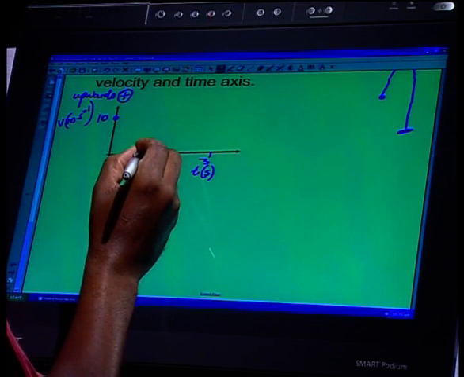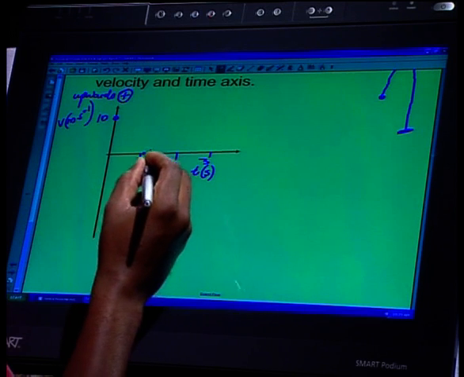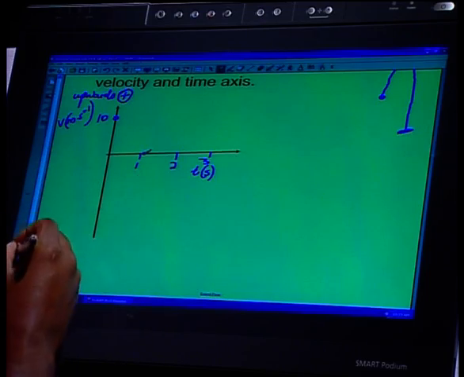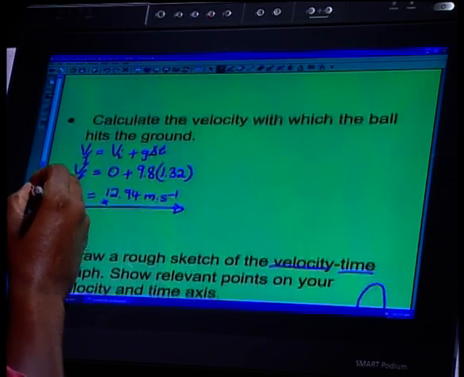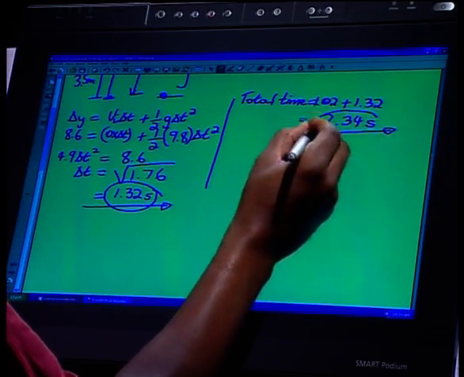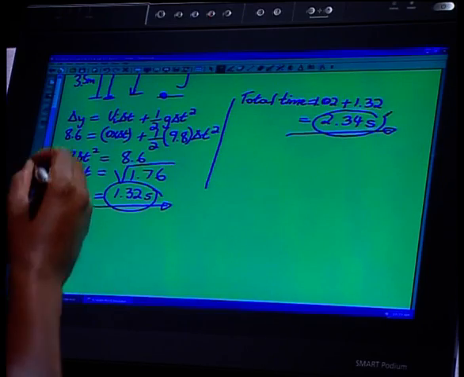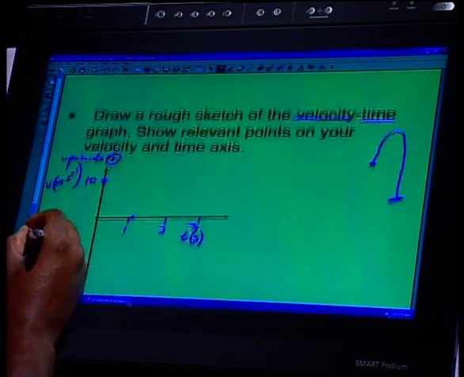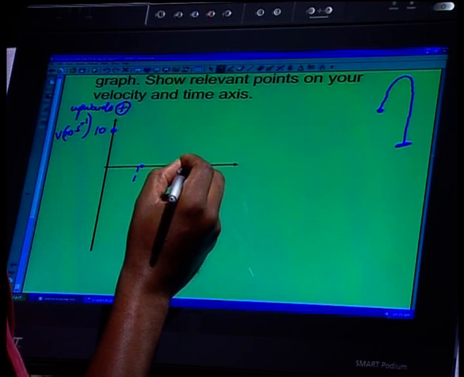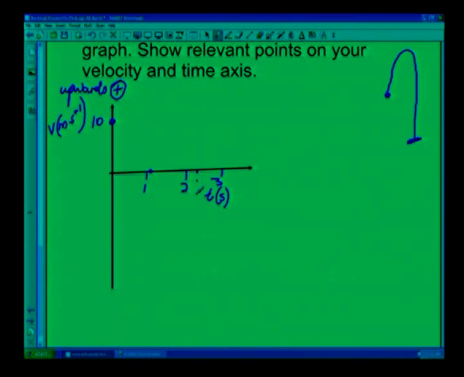So the velocity is 0, so the point is there. At the time, okay, remember this total time here, at 2,34 seconds will be somewhere there. At 3,24 seconds, this ball is hitting the ground with a velocity.